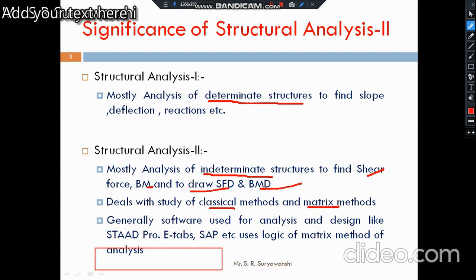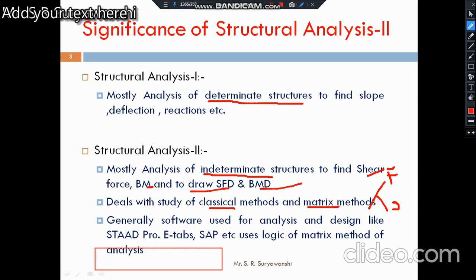For the matrix method, again there are two methods: first the flexibility method, and second the stiffness method. Each method is one unit for SA2.